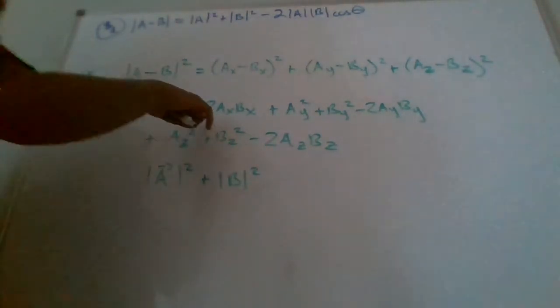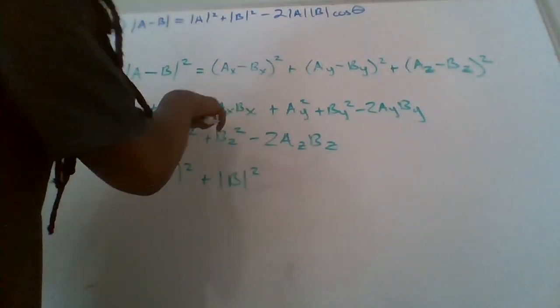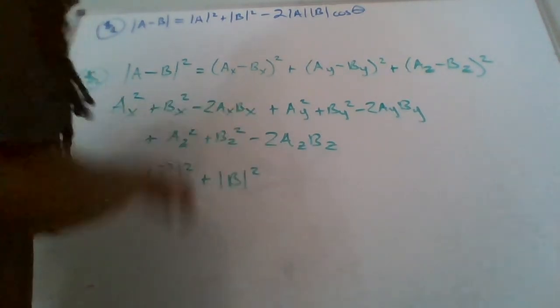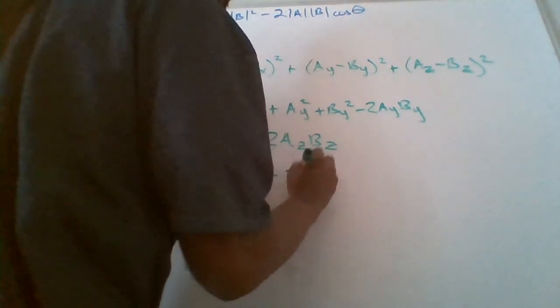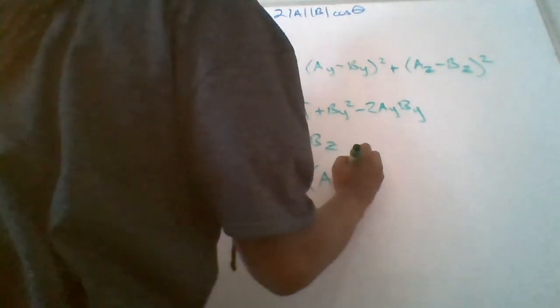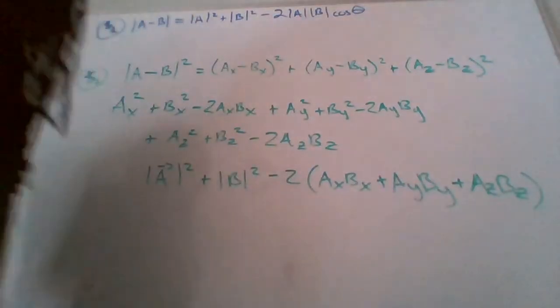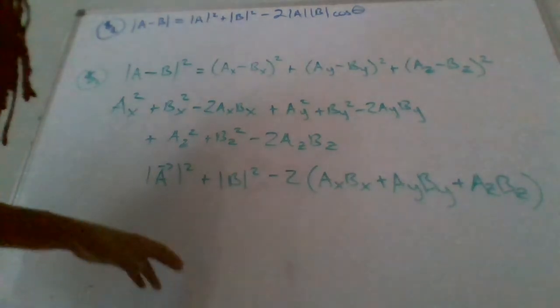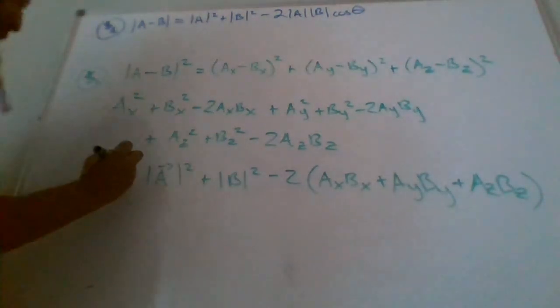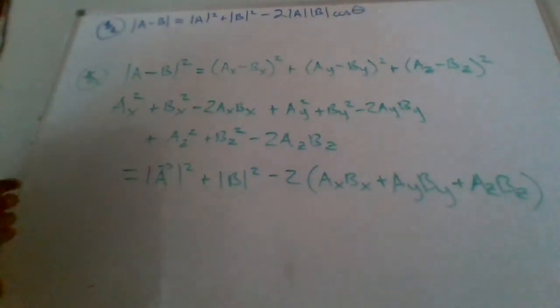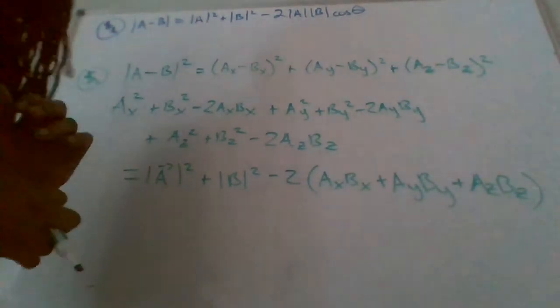And all that's left over is 2 times ax bx plus ay by plus az bz. My mans. Forgot my equal sign. Don't forget your equal sign. Bam, that's looking pretty good.